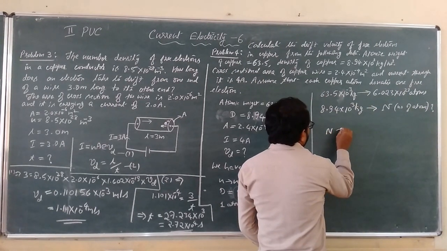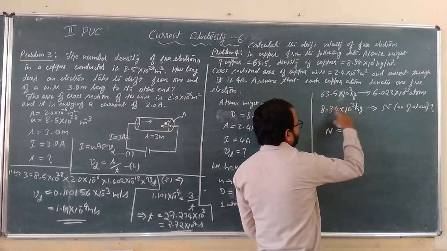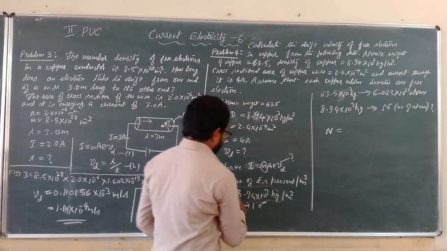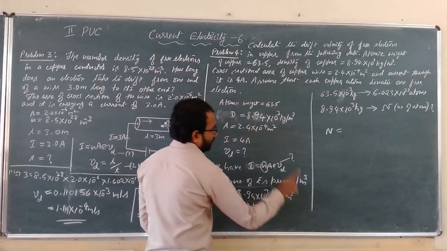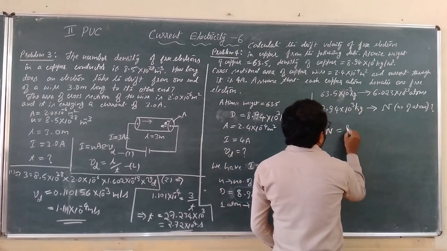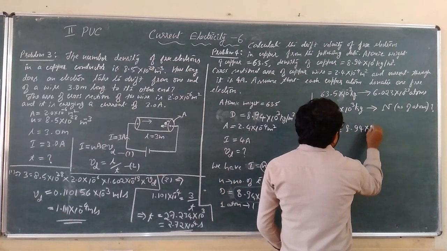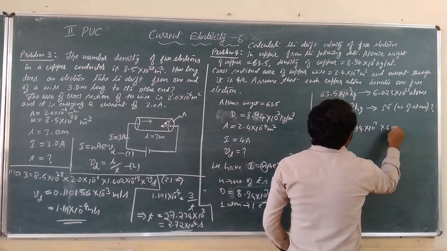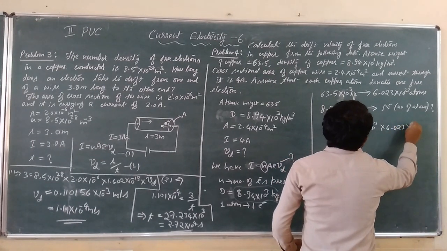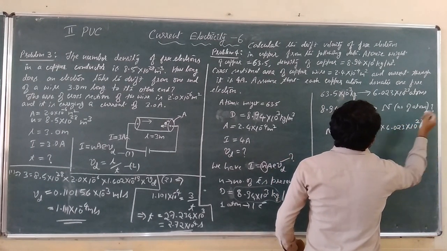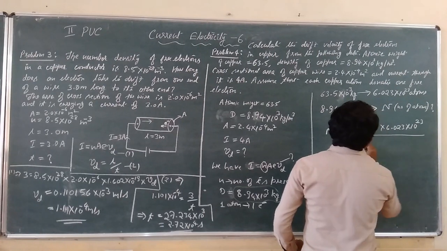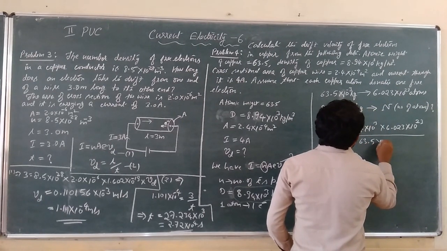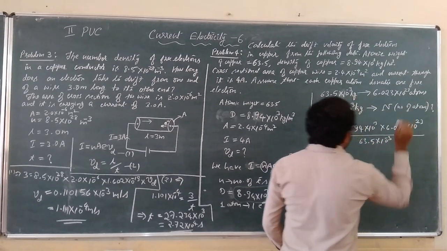So N is equal to, therefore, the number of atoms present in this particular mass, or per unit volume, is 8.94 into 10 to the power of 3 into 6.023 into 10 to the power of 23, divided by 63.5 into 10 to the power of minus 3.